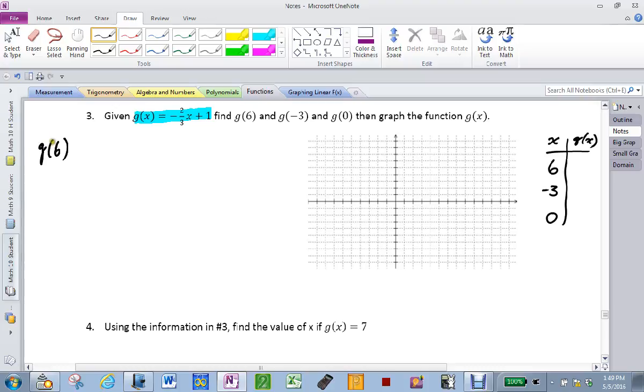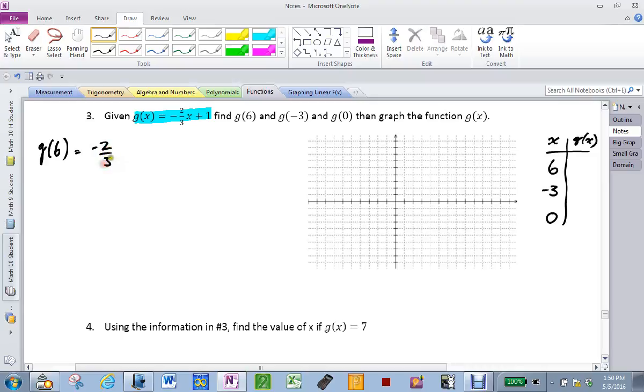Where do I put it, boys and girls? Right you are. Where do I put the 6? Everywhere that I see an x.